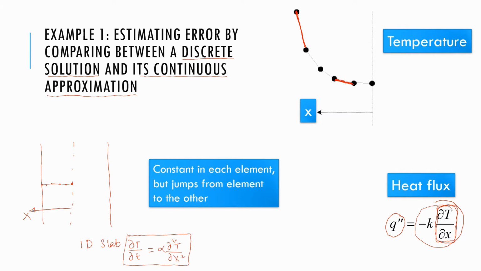So let's plot that and let's see how it looks. Within an element it is a constant value, but in a different element, let's say this one, it'll be different, because the slope is different, obviously.